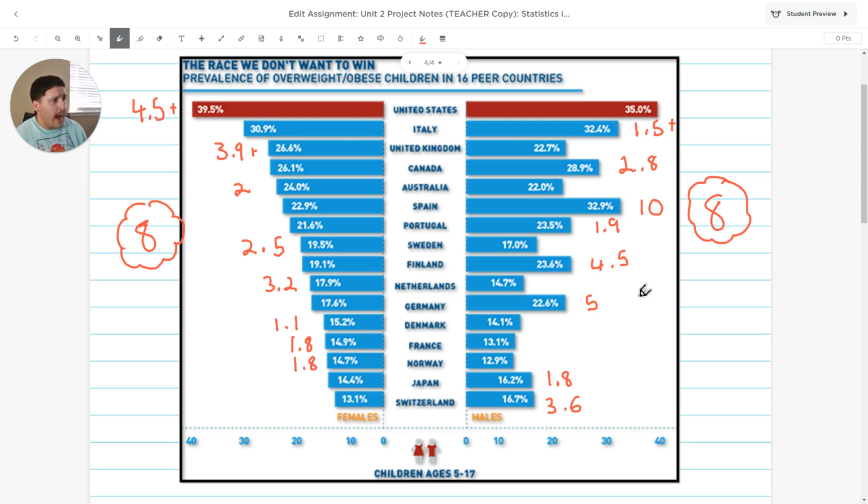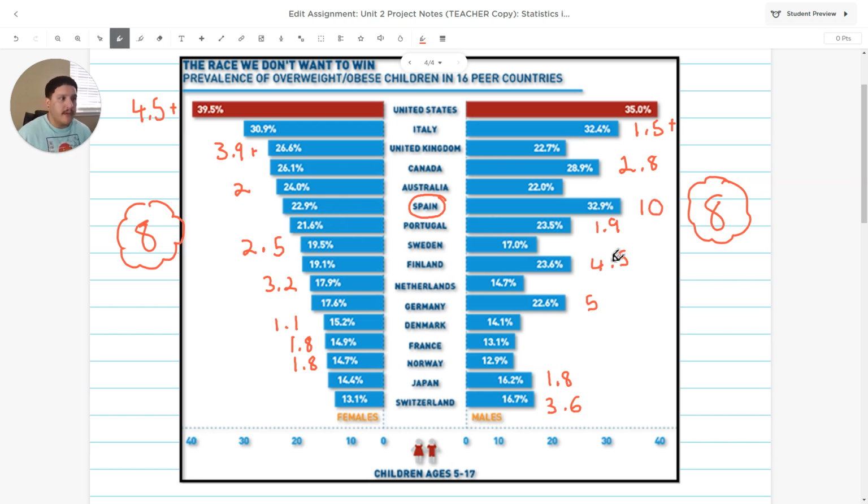Another conclusion, I'm noticing the differences here, and I see a big gap with Spain. Spain has the highest percentage point difference of obesity with males compared to females, with it being a 10-point difference, meaning there are a lot more males of children's ages 5 to 17 that are overweight compared to females.